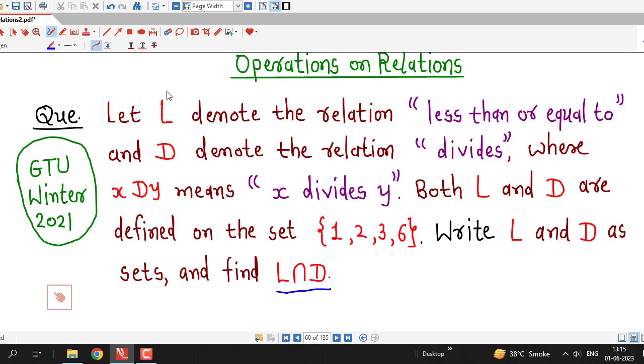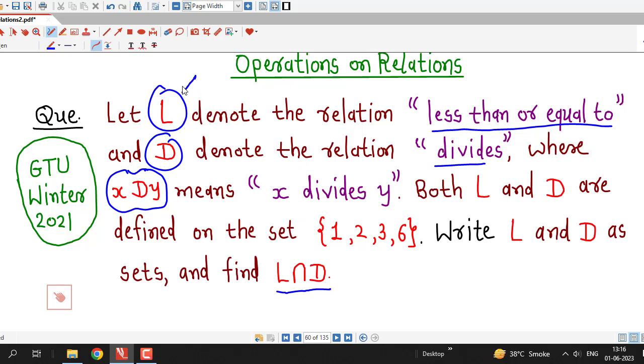Let capital L denote the relation less than or equal to, and capital D denote the relation divides, where x D y means x divides y, that is, x and y are related with respect to the divides relation, and capital L denotes the less than or equal to relation, that is, x L y means x is less than or equal to y.